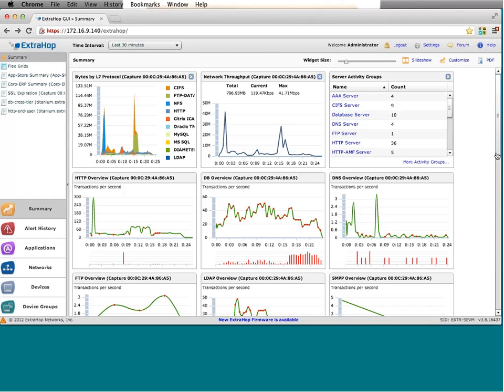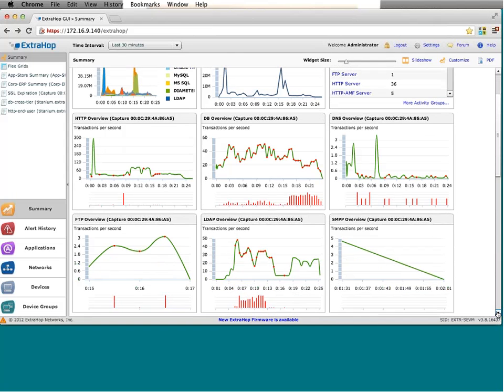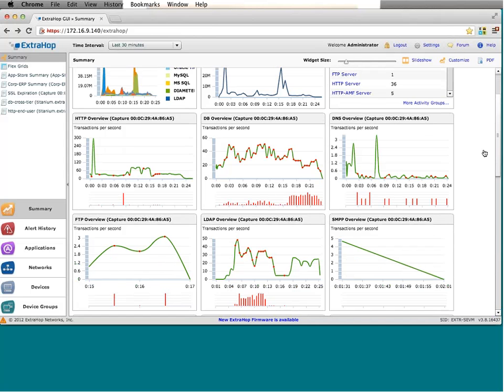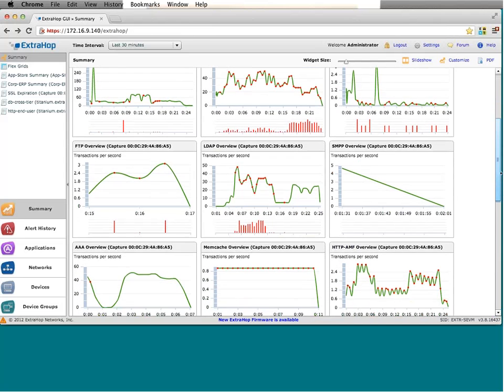It's made of these widgets that you can add and remove. You can make them bigger or smaller. What I have up at the moment is a series of overview widgets. So these are at a very high level what's going on in the entire data center, every single transaction across every single tier. So show me all of my HTTP, show me all of my database traffic, all my DNS.